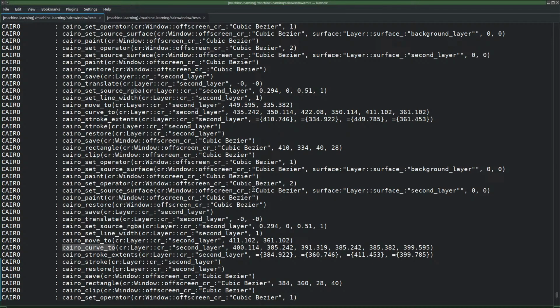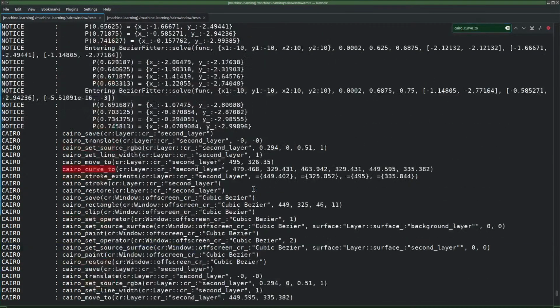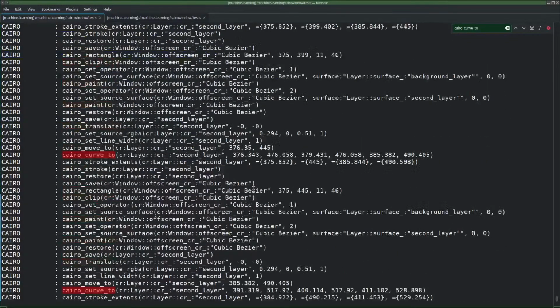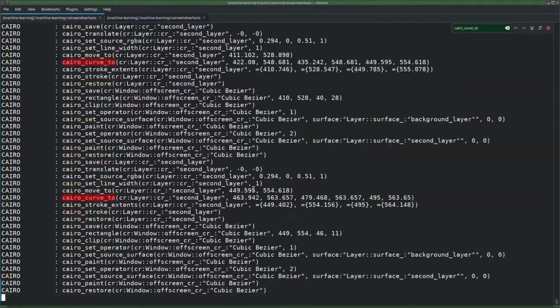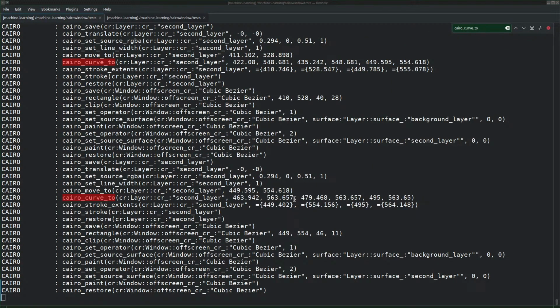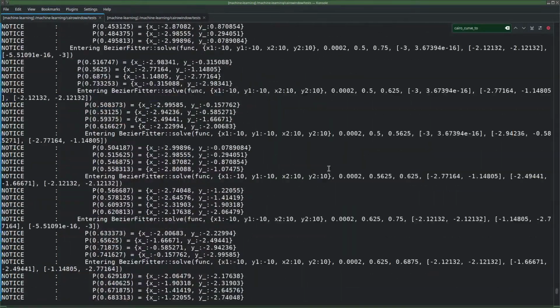Yeah, that's a curve, so we can count how many curves we have. 1, 2, 3, 4, 5, 6, 7, 8. No, not that bad. It took 8 instead of 4, and then reached a very high accuracy, I think. A tenth of a pixel or something accuracy. So that seems to work fine.